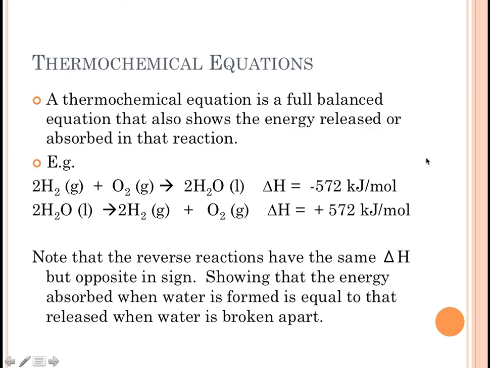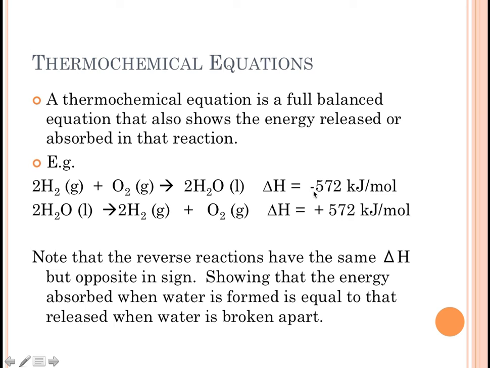We would normally have this delta H value associated with a full balanced equation, and we'd call it a thermochemical equation. So if we look at the combustion of hydrogen gas with oxygen, because all combustion is with oxygen, to make water, that is an exothermic reaction. The delta H value is negative.